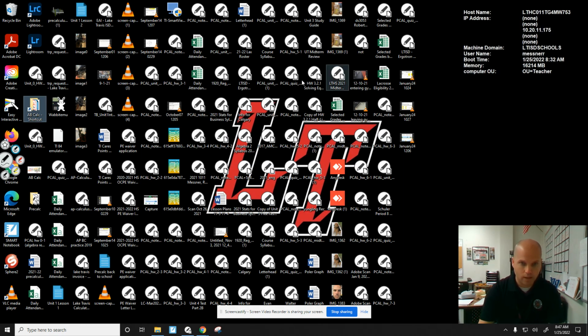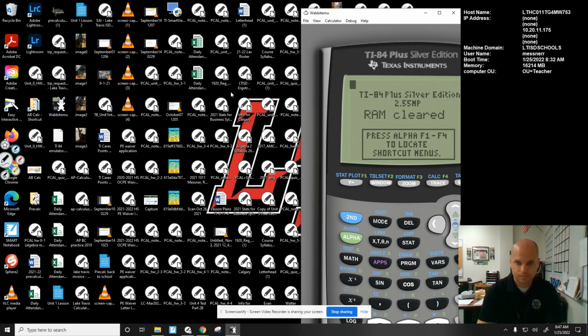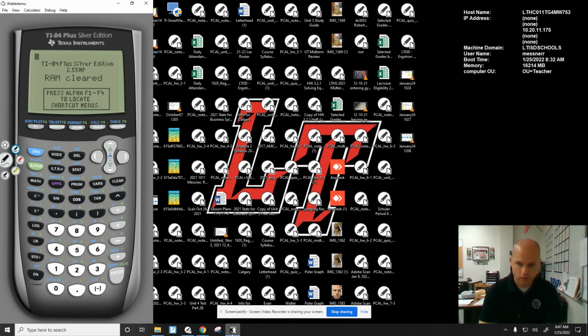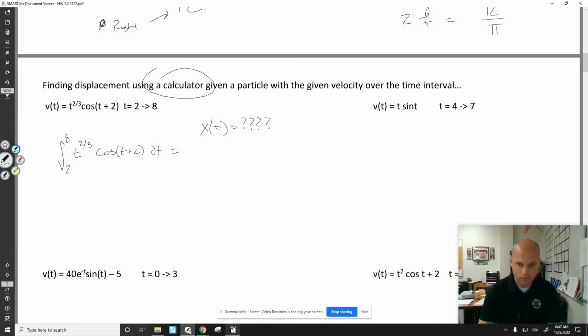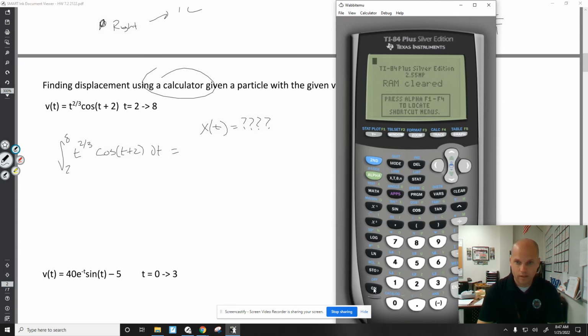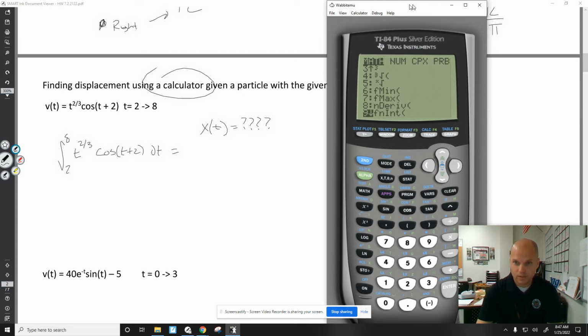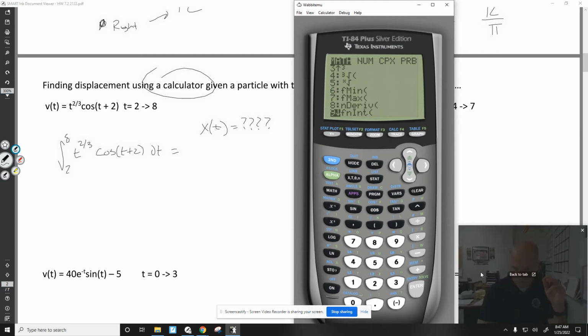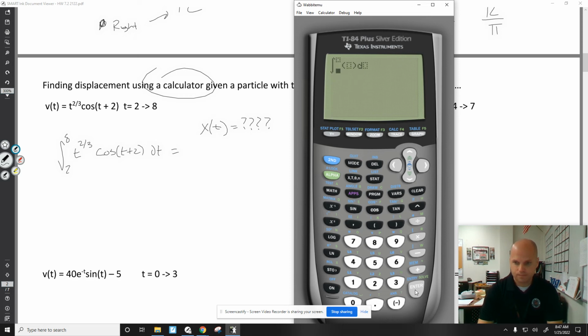So let's get our calculators out, and I'll show you the two ways to find this accumulation, this area. If you see on your calculator in math, underneath n derive is fnInt. This is like take the integral, find the accumulation, find the area, and you can type in exactly what you see.